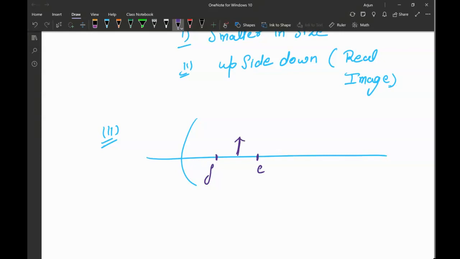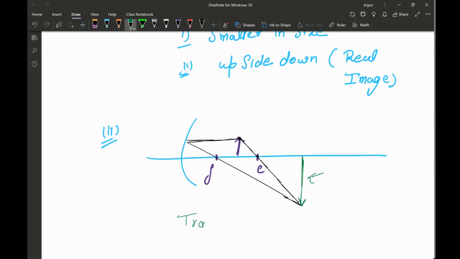What kind of an image will be formed in that scenario? So again, the rules are going to remain the same. First ray parallel to the axis will pass through the focal point. Second ray again from the tip will pass through the center of curvature. Now where these two rays meet, I will draw the image at that point. So I will draw the image down here. So this is the image, and I can clearly see this image is bigger in size.